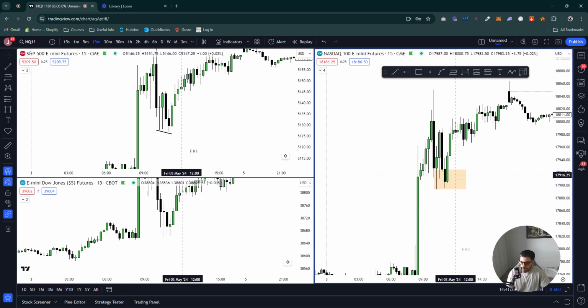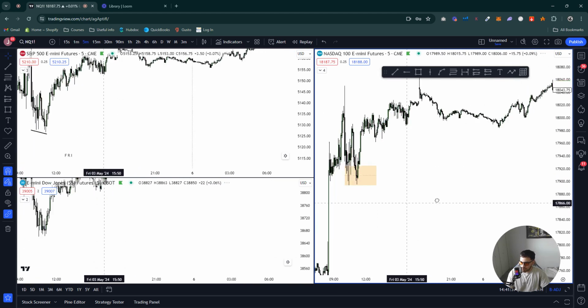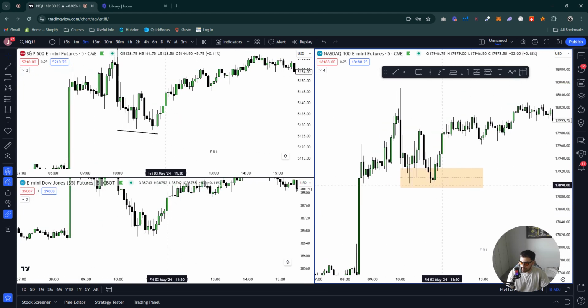No. If you got in somewhere right here, let's go to the 5 minute, zoom in even more. Let's say you got in somewhere down here on the 1 minute or something like that, you could put your stop down here, because if you're paying attention, ES sweeps these equal lows, and this should be your low.